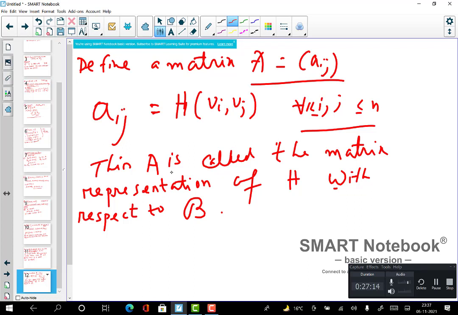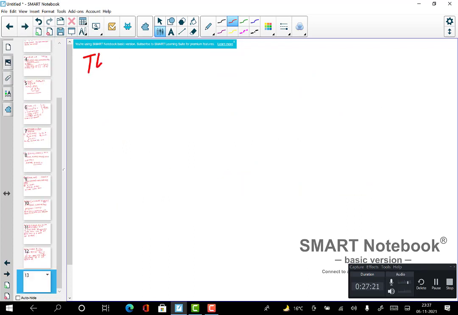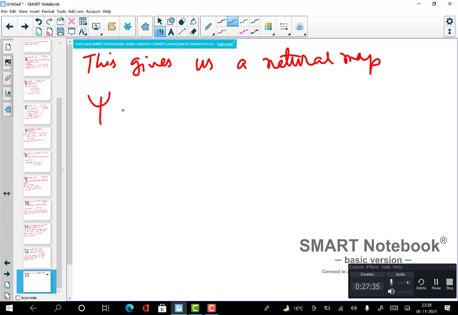Obviously this gives us a natural map. It is psi with respect to the basis B. You take h and send it to the space of matrices.